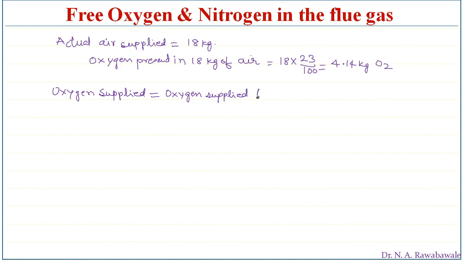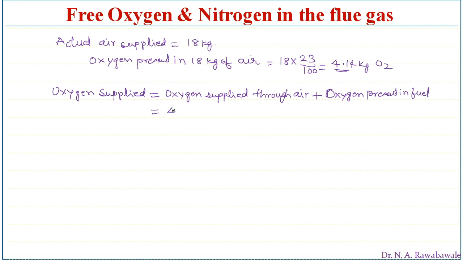The air entering for combustion carries 4.14 kg of oxygen, plus the fuel also contains some oxygen. 4% of oxygen is present in the fuel, which is already given in the problem.